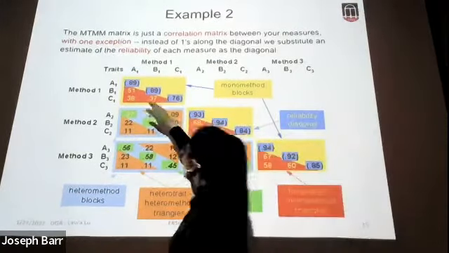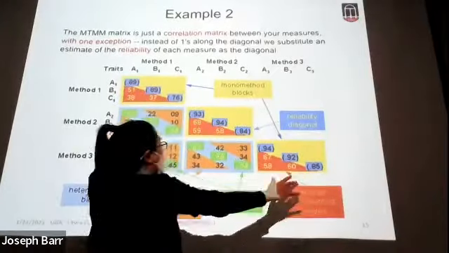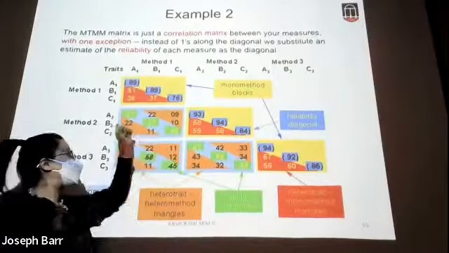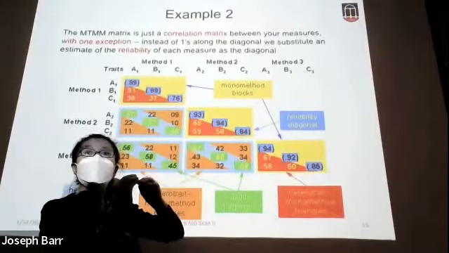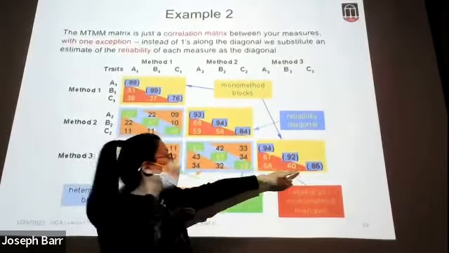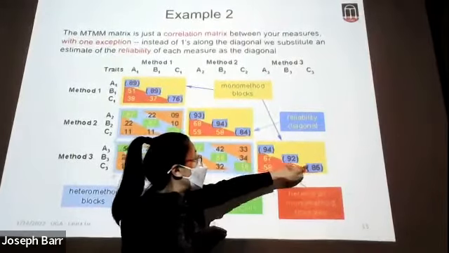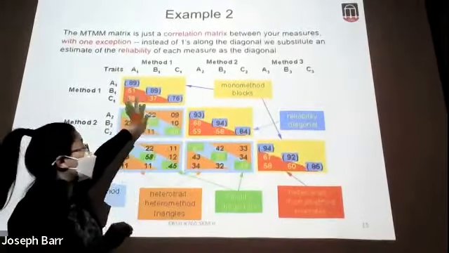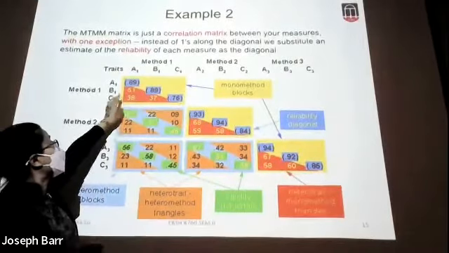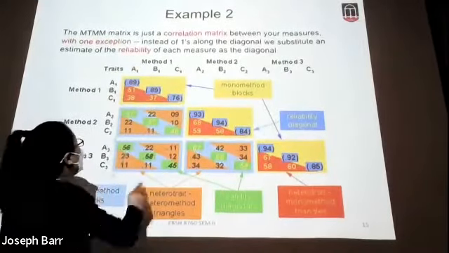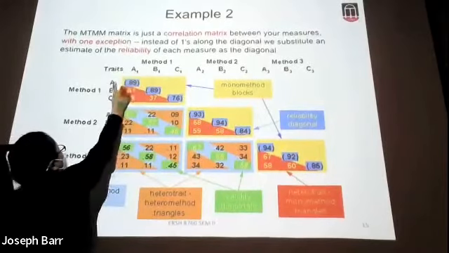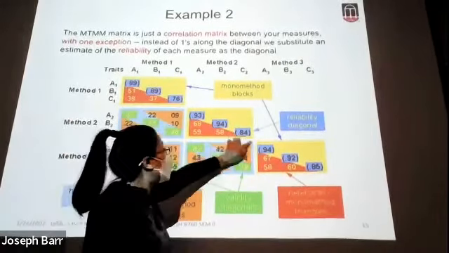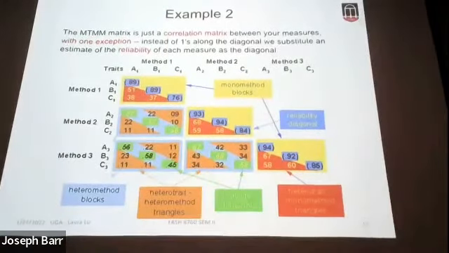Here, in the diagonal part, we do not have 1, 1, 1, 1 as in the correlation table. We replace those with the reliabilities. We're going to cover reliability next session, but remember, those are reliabilities, from the same method and the same trait. It's not 1.